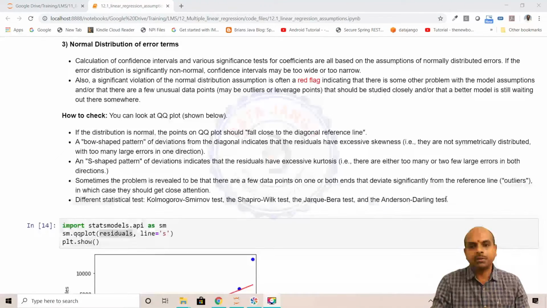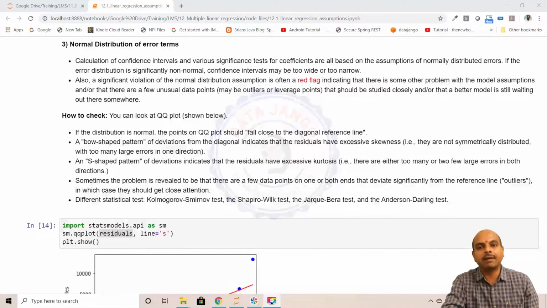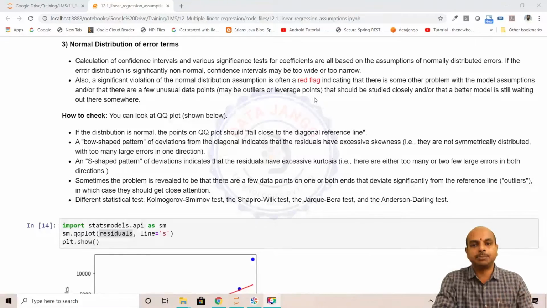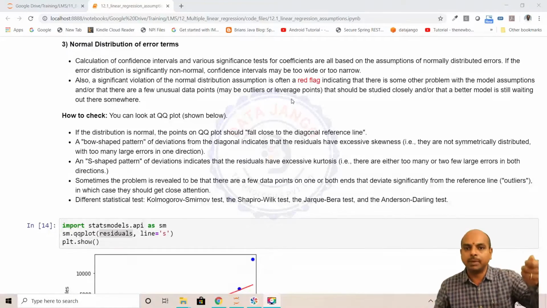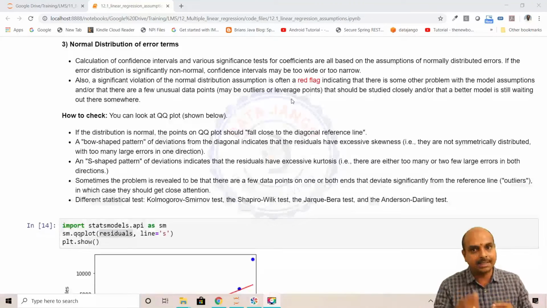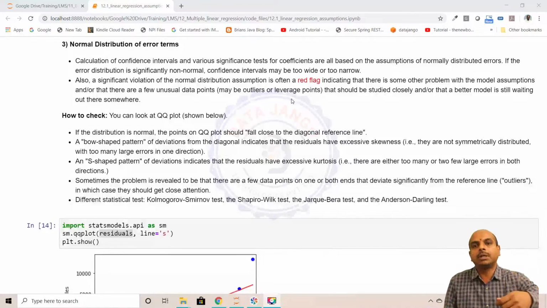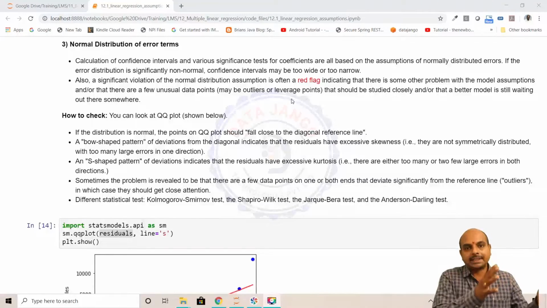So if the error term is not forming a bell curve, that's a red flag indicating many problems. Maybe there are outliers or leverage points. Outlier means in the y value, if you have a too big or too small value, you call it an outlier statistically. From a business point of view, they may be right, but statistically, if the data points are too big or too small, then we call it an outlier. A leverage point is when, on the x side, the input variable side, you have outliers.